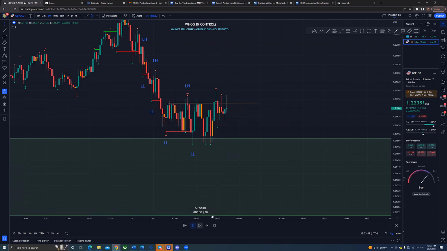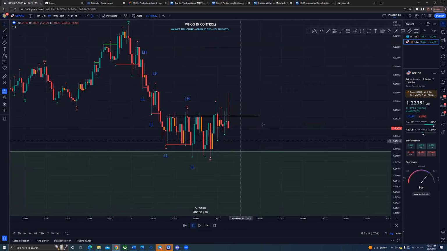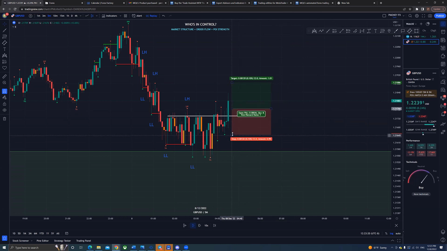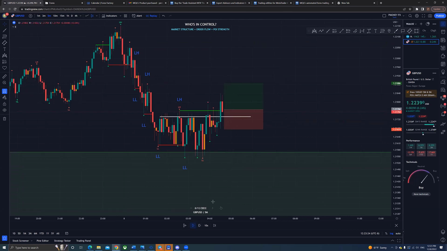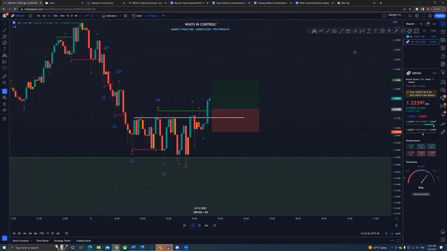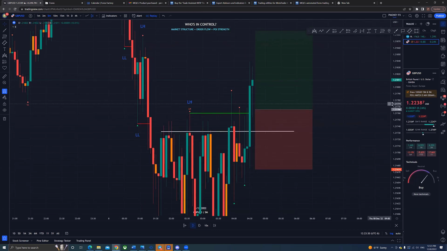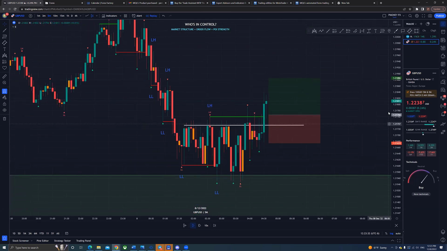Building pass. So something like coming down a little bit, I would take this, coming to retest this line.